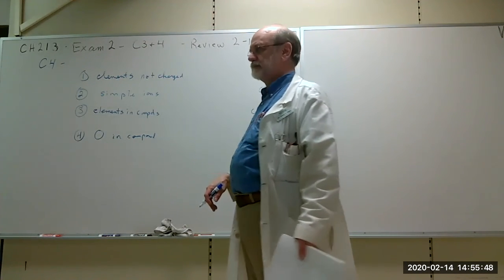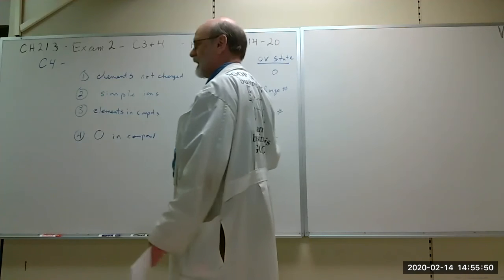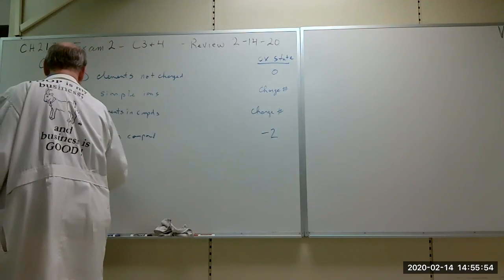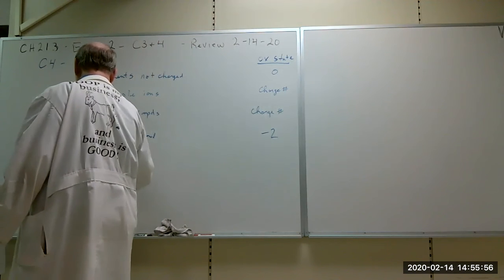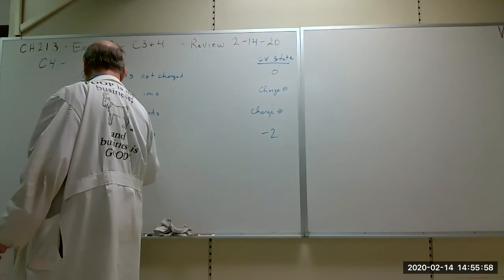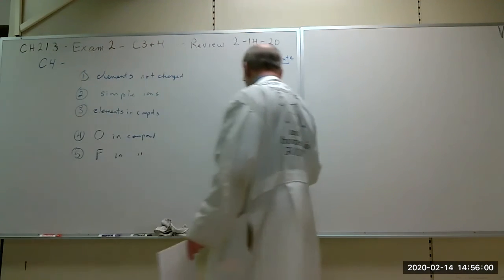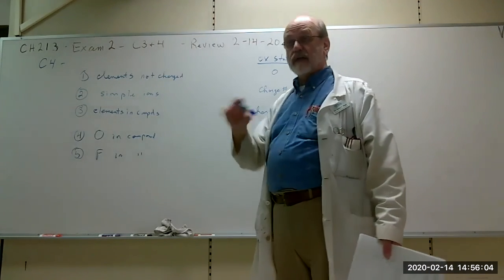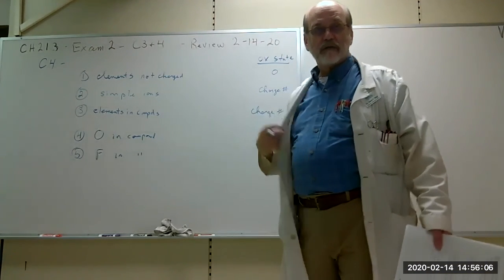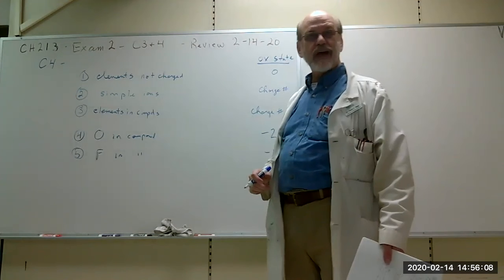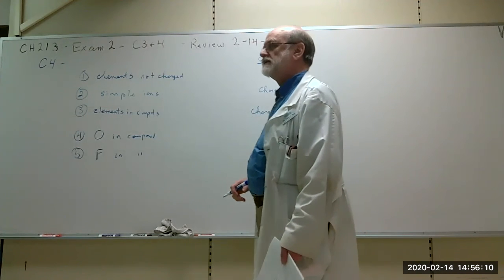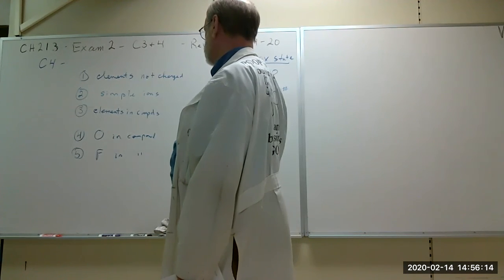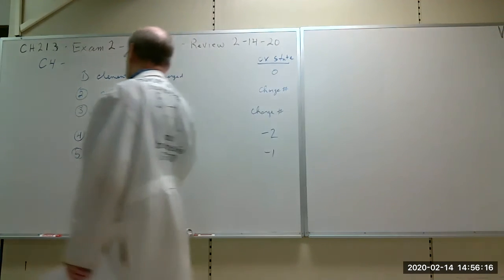But in most cases, it's -2. Actually, fluorine in a compound is -1. And chlorine and bromine and iodine, they can vary. So you don't give them a fixed charge unless you have to. I know I'm missing something.